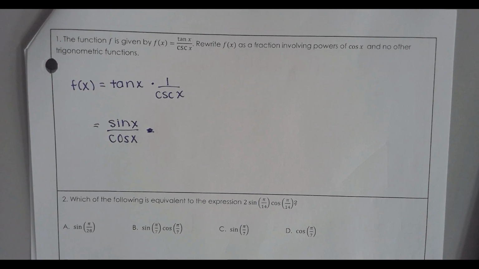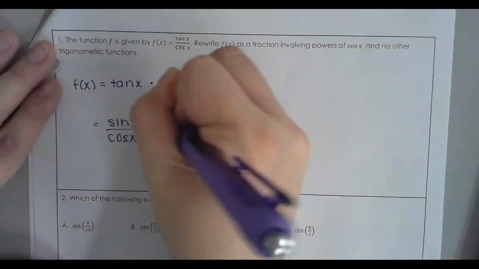So cosecant matches with which trig function? It's the reciprocal of sine. So it's like 1 over sine. This is times.